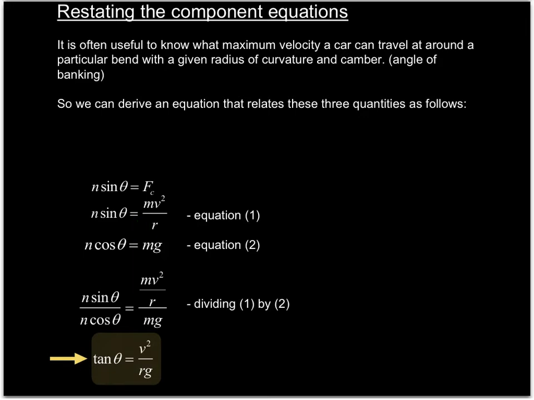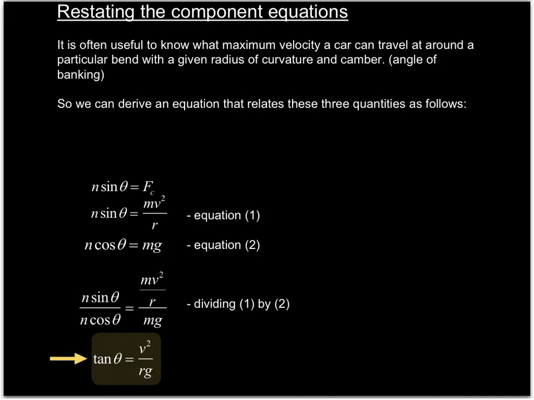right hand side, and we combine that with the vertical equation, N cos theta equals mg, by dividing them into each other as follows. So you have N sin theta over N cos theta, which equals tan theta. The N's cancel out, and the trig identity sin theta over cos theta is replaced with tan theta.